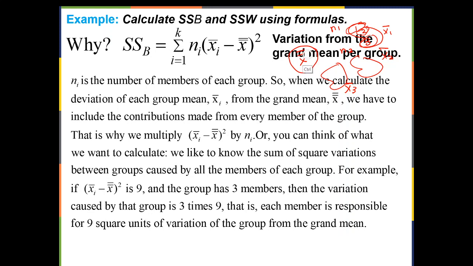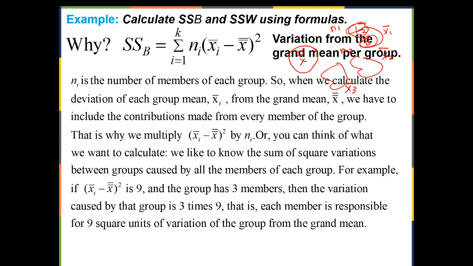Why are these sample means different from x double bar? We want to know how much variation we have. But notice, the reason we have these variations is because of the group members. The group members actually cause that variation. So we have to calculate the variation per group member.